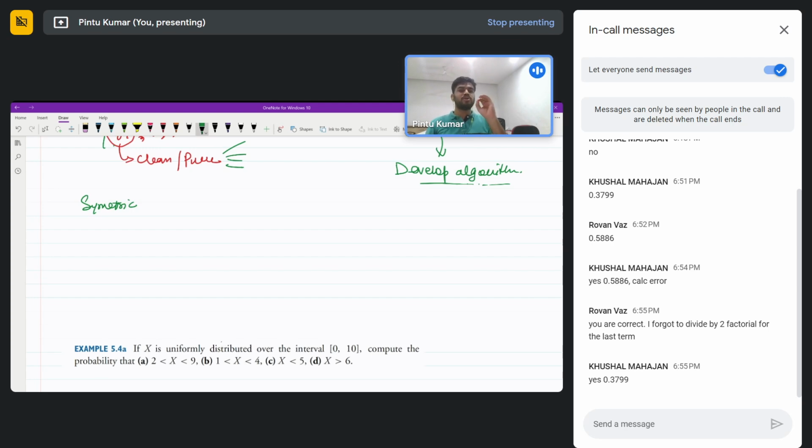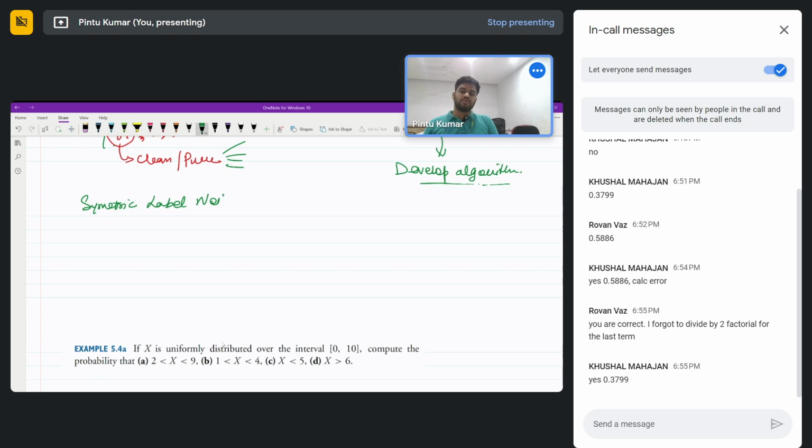So if you want to develop or test an algorithm that should work on noisy data sets, how will you create a noisy data set? When you are developing such algorithms, you should first know how to convert any data to noisy data. One way to do that is to induce symmetric label noise.